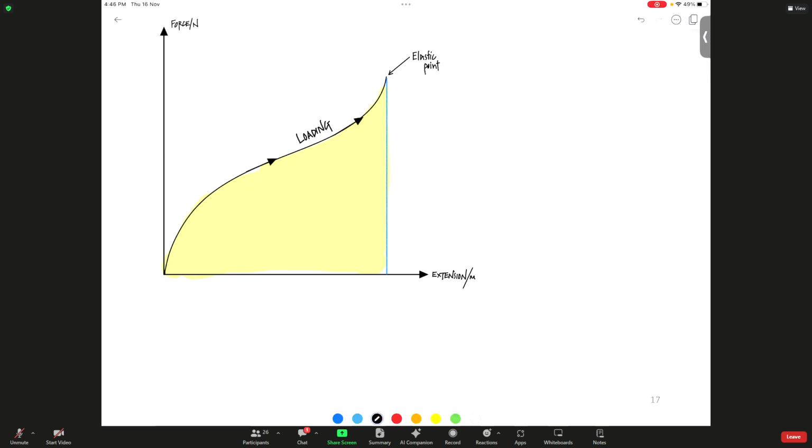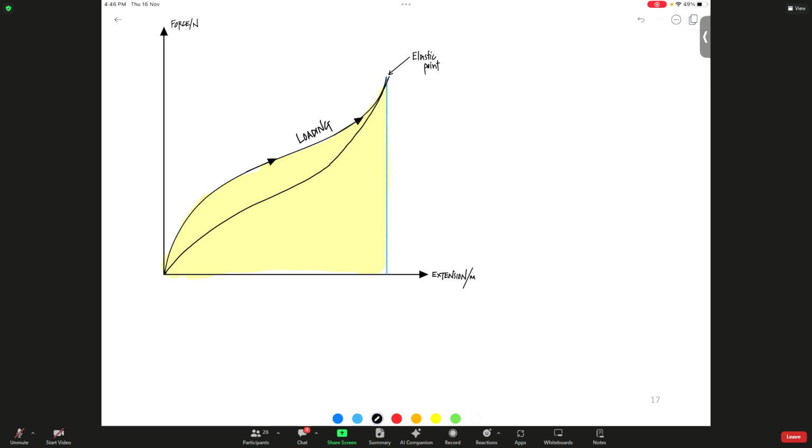But once I remove my force, something very interesting happens. The material doesn't go back the same way. ও ফেরত চলে যায় to zero, but the path taken looks something like this. Okay? So এটা এভাবে চলে যাচ্ছে.